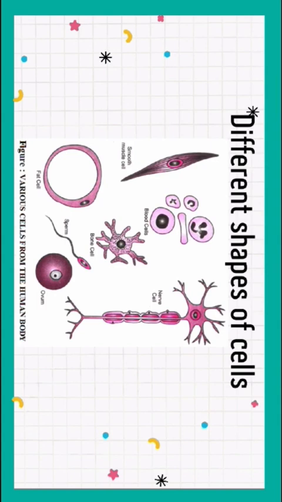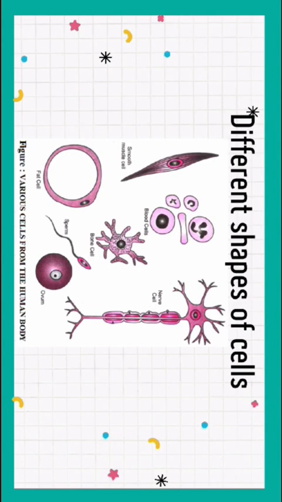These cells combine to form tissues which are specialized to perform various functions. Many similar types of tissues come together to form organs. The organs together form organ systems and these organ systems form a complete organism.